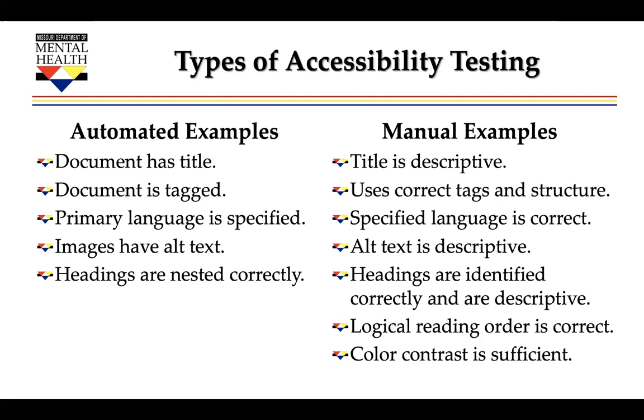But for many of these, there's a deeper level of compliance that's needed beyond just whether this tag or this title or this feature is there. For example, it's not enough just to have something tagged as a title. That title needs to actually be descriptive, so it's helpful and provides appropriate information to the user. So that's something that needs to be reviewed manually.